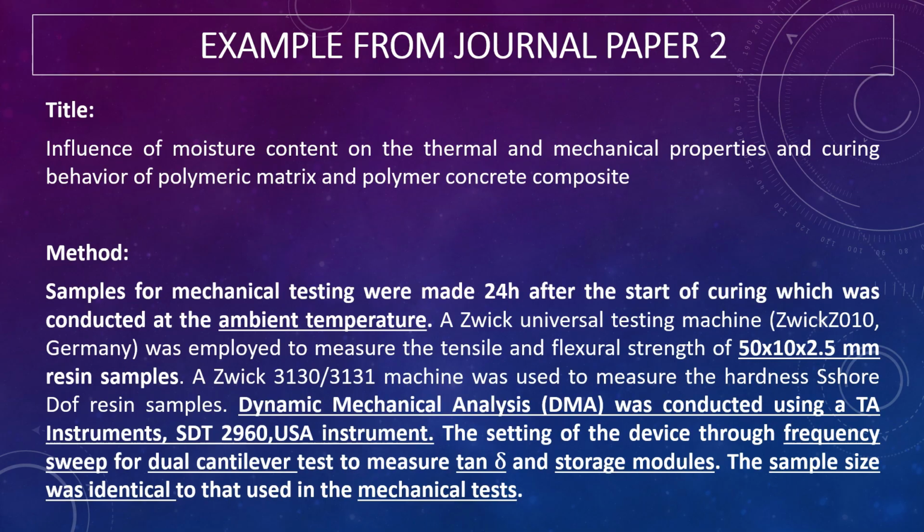And then the DMA was conducted using a TA Instruments SDT 2960 USA instrument. The setting of the device was frequency sweep and dual cantilever, to test for tangent delta and storage modulus. The sample size was identical to the mechanical test, which is 50 × 10 × 2.5 mm.